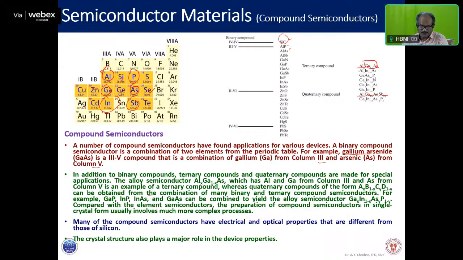Now what is the important thing which plays a role? All the atoms are almost similar. When they form a solid, they form it in a crystal form. The structure in which they crystallize plays a major role in the device properties.